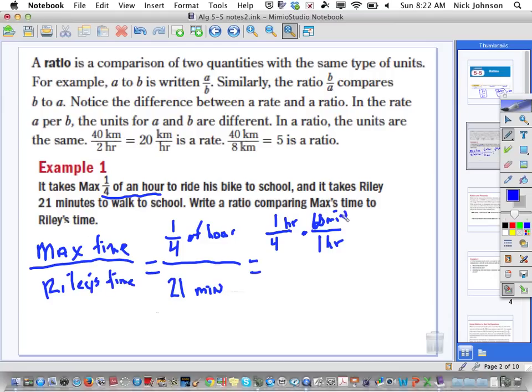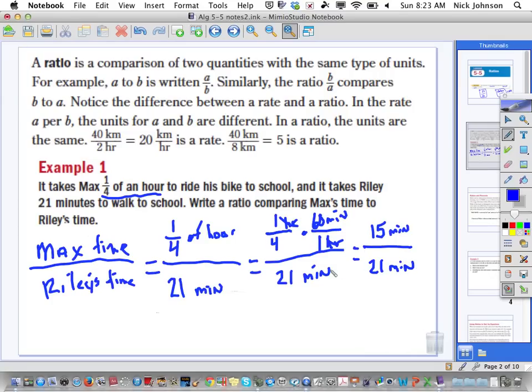We're just doing a conversion. And we're still over 21 minutes. So 1/4 times 60 is like saying 60 divided by 4, which, my hours are gone, we should all know is 15 minutes, all over 21 minutes.